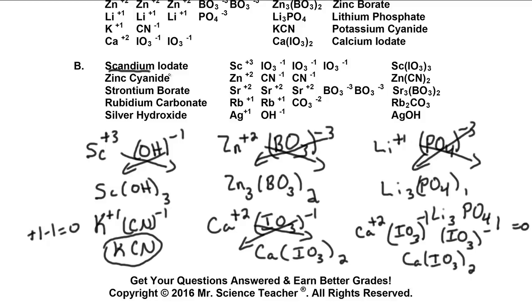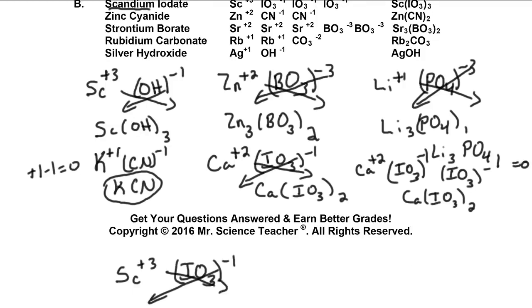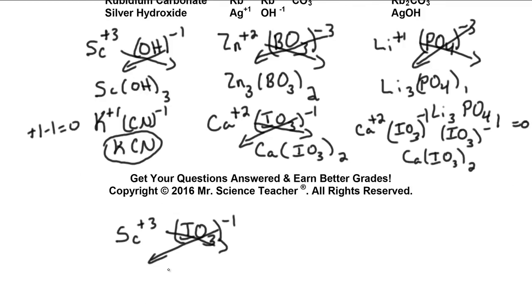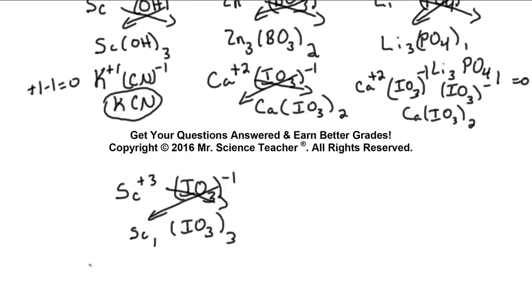And then you had to know what iodate is. Iodate is from your polyatomic ion table, and iodate, IO3, is a -1 charge. Now we play the crisscross game, and we'll get Sc with a 1, and then parentheses IO3 and a subscript 3. Since we only have one scandium, we don't need to include that 1, and we'll have Sc(IO3)3.